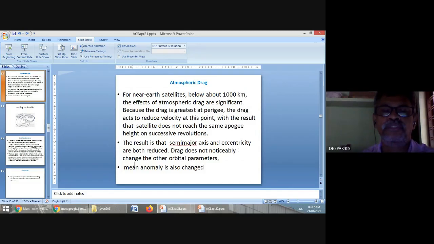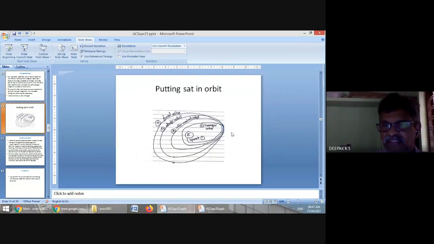Drag does not noticeably change other parameters. Mean anomaly is also changed. So these are the effects of atmospheric drag. The velocity at perigee is varied because of this drag, and so it does not reach the apogee at the same height on successive revolutions. So these are the after effects on semi-major axis, eccentricity, mean anomaly, etc.